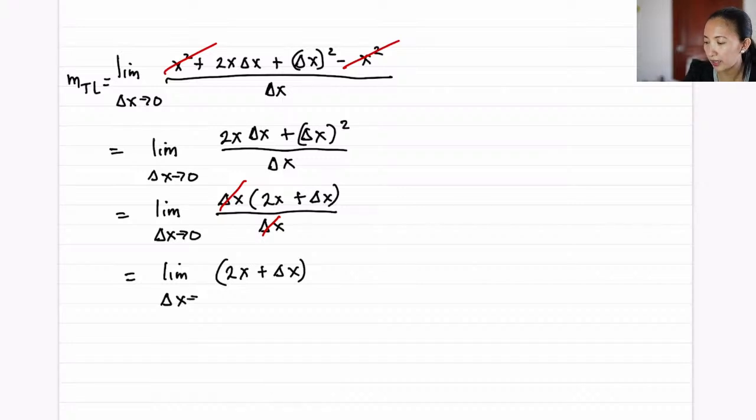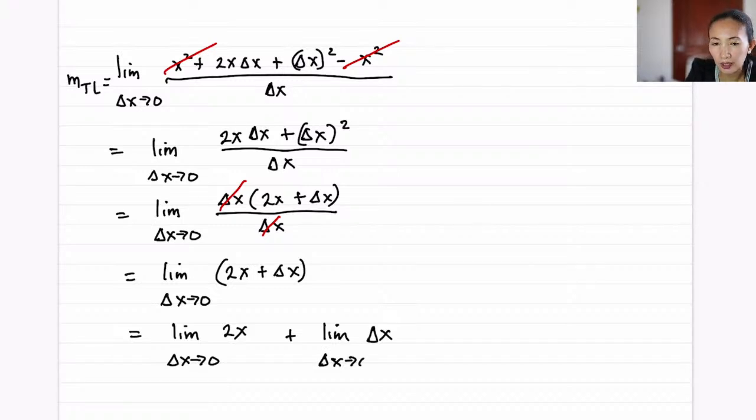Can we evaluate now? Evaluating the limit of the quantity 2x plus delta x, the limit of a sum is equal to the sum of the limits. Limit of 2x as delta x approaches 0 plus the limit of delta x as delta x approaches 0.